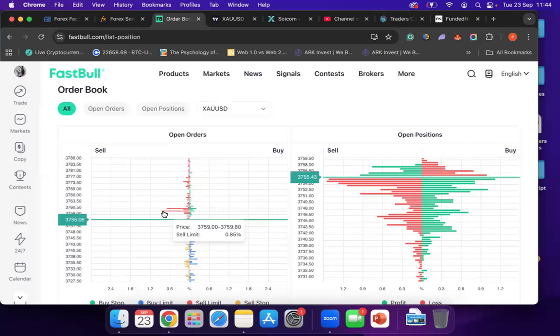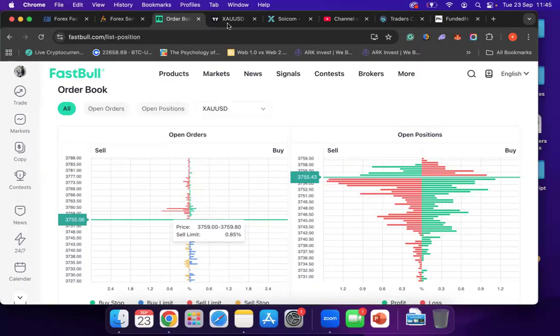So when there's a lot of orders at 37.59, the market will tend to move to that direction because there are a lot of orders up there. So basically, this will tell me the market will move from 37 to 37.59. So it's clearly showing me the market is moving up.